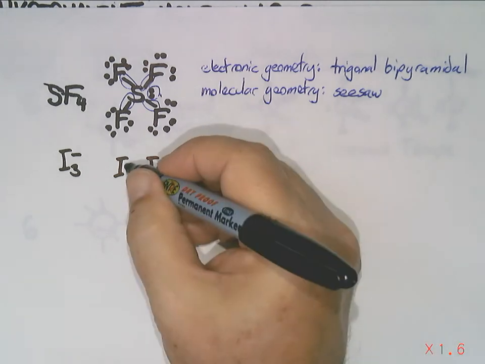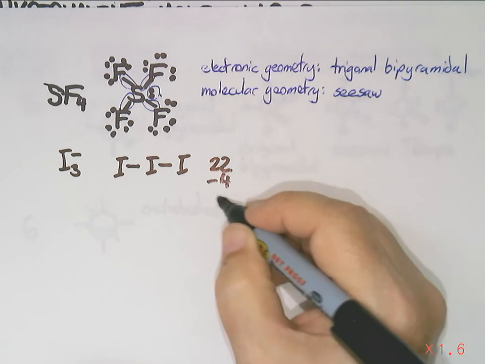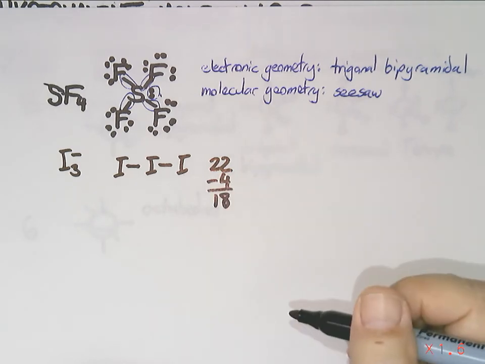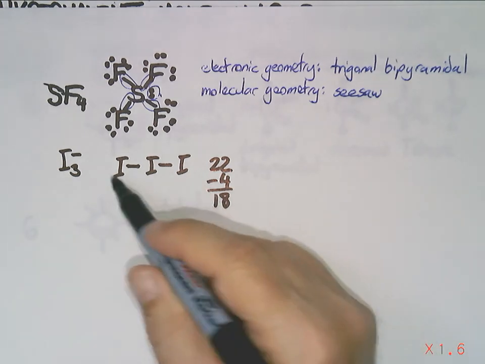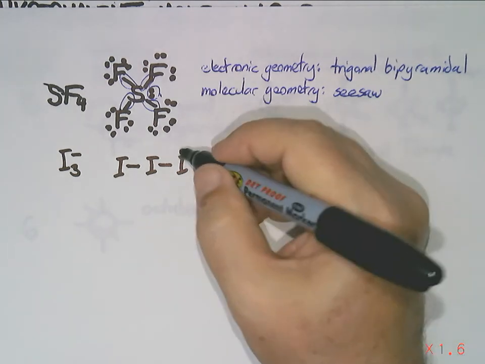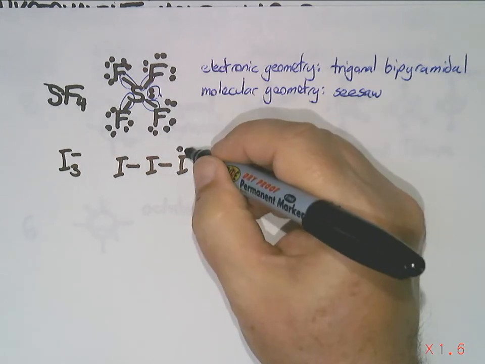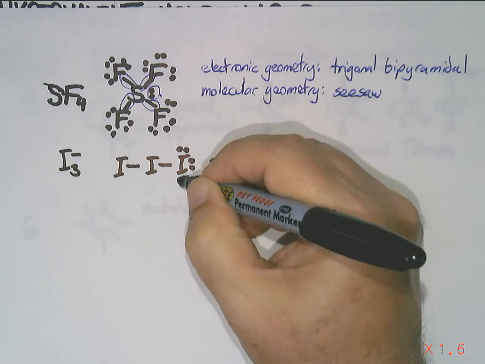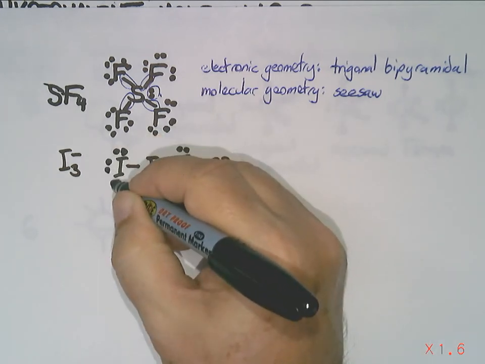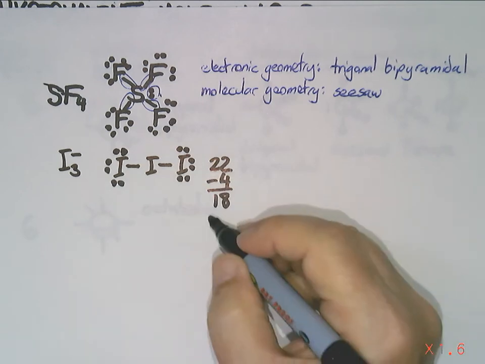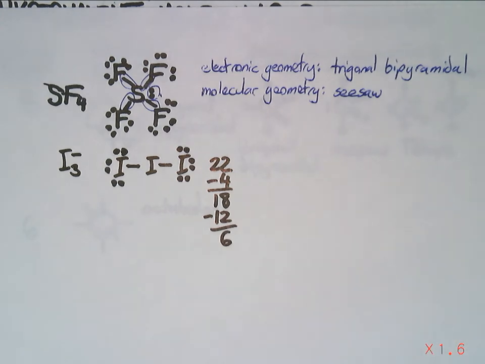Step 3, connect the structure. That took away 4 electrons. I've got 18 left. The next step is satisfy the outside atoms. They want 8. They've already got 2, so I have to put 1, 2, 3, 4, 5, 6 on this one, and 6 more on that one, which was 12 electrons, and I've got 6 left.